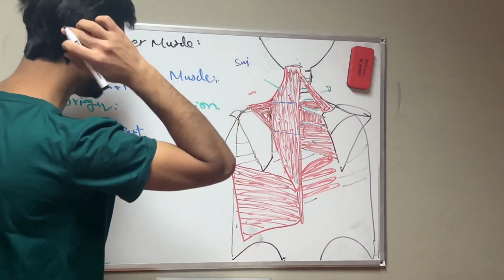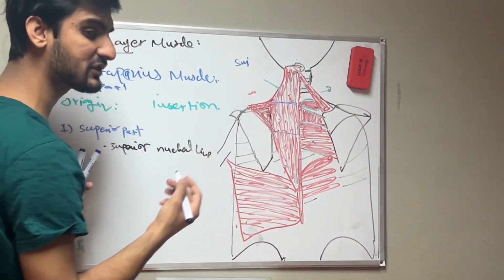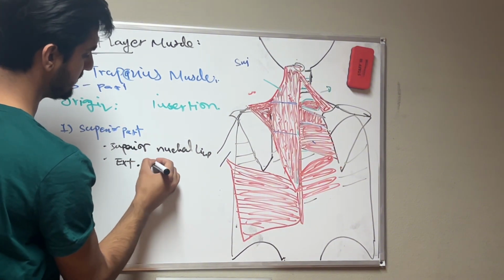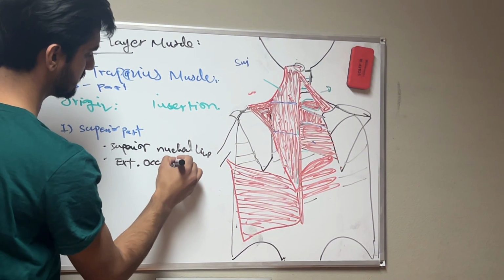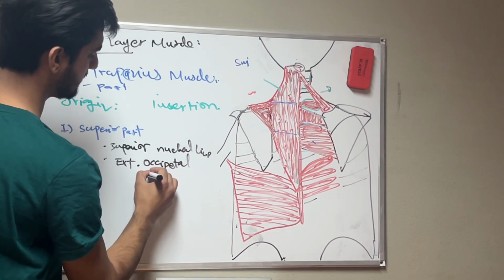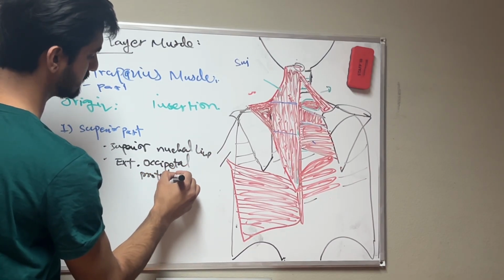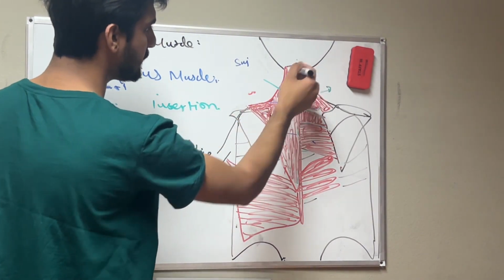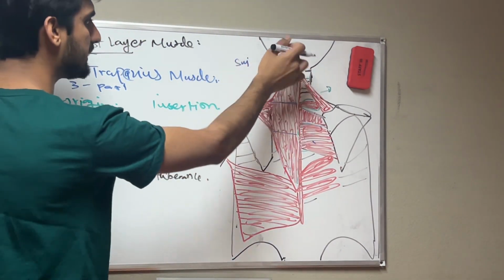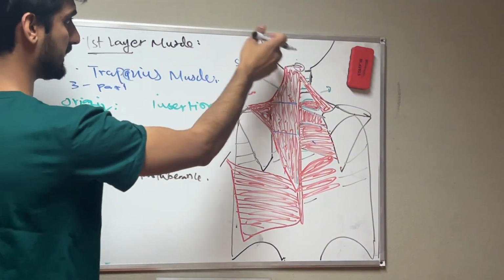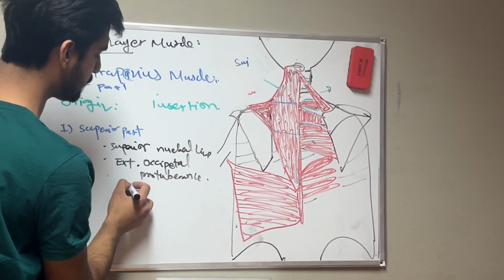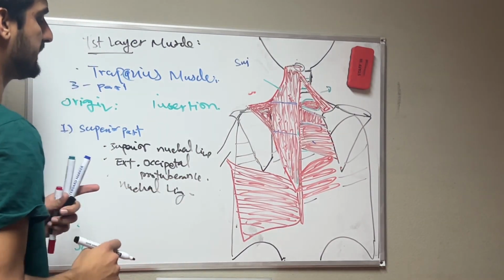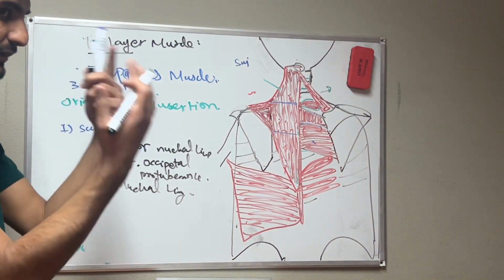And what we have here in the whole circle is the external occipital protuberance. And then what we have? In the muscle we have here ligaments. Inside here is the nuchal ligament, because in the nuchal area we have nuchal ligaments. Okay, nuchal ligament is an origin of the superior part of trapezius muscle.